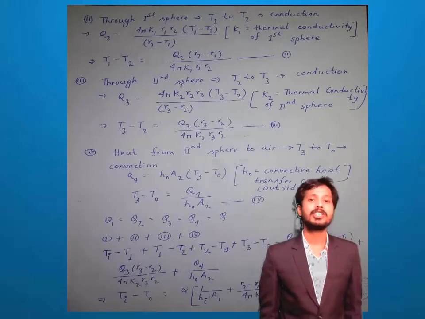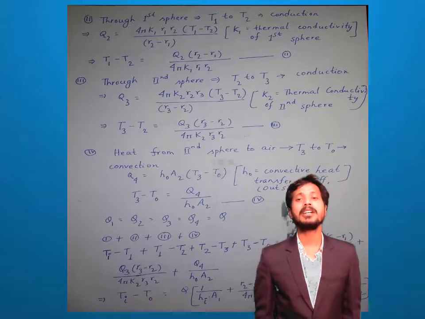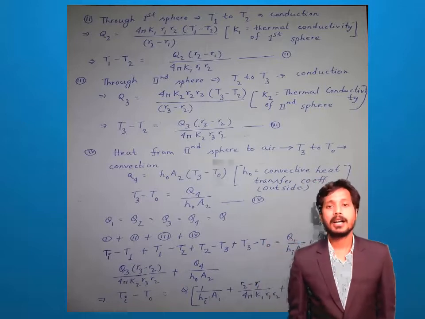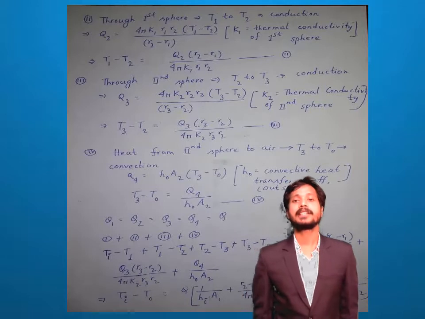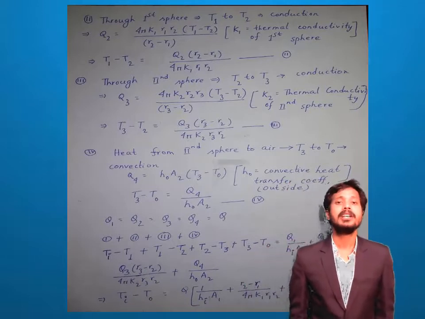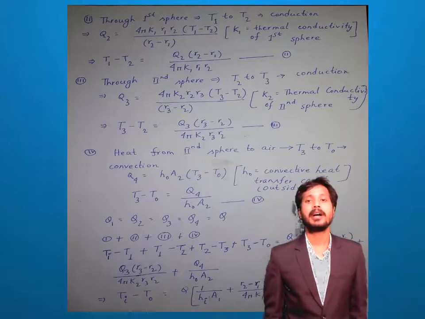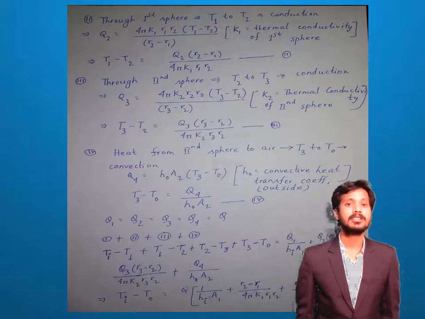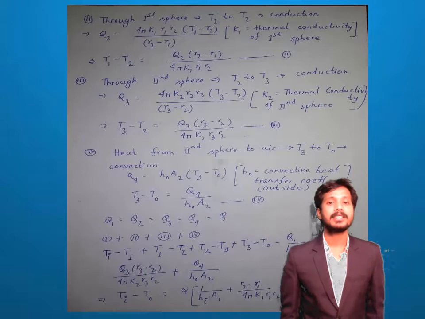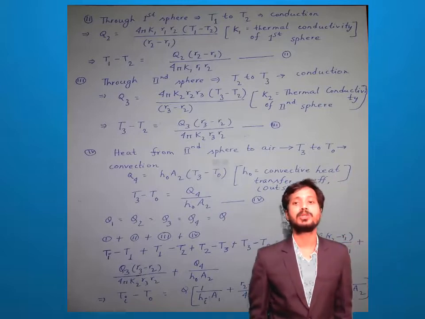Now as per nomenclature, Q3 becomes 4 pi K2 R2 R3 (T2 minus T3) by (R3 minus R2), where K2 is the thermal conductivity of the second sphere, with inner radius R2 and outer radius R3. So T2 minus T3 we can write as Q3 into (R3 minus R2) by 4 pi K2 R3 R2.